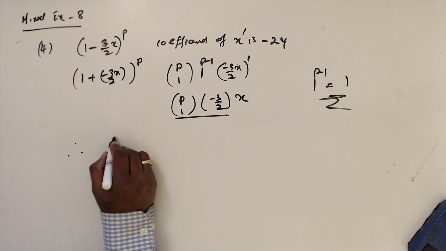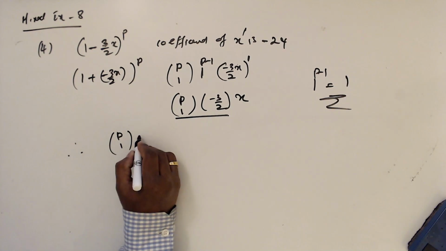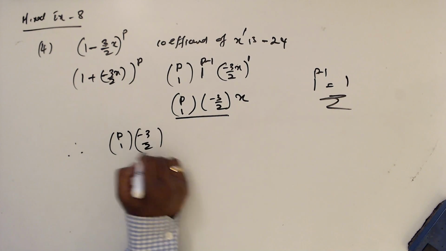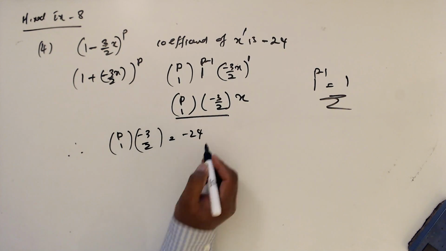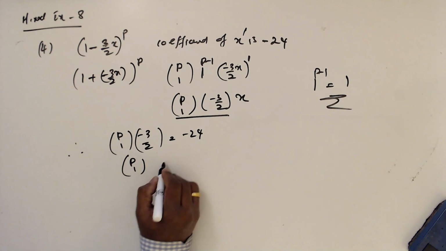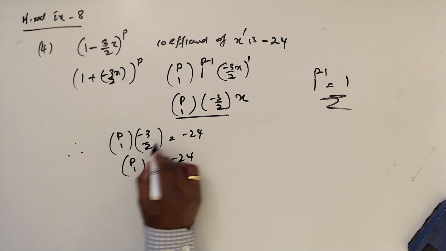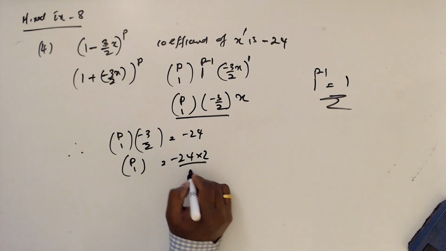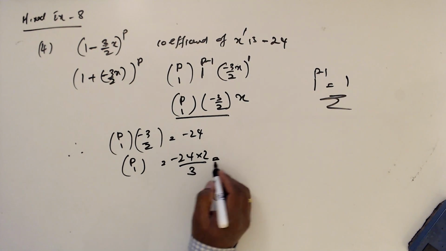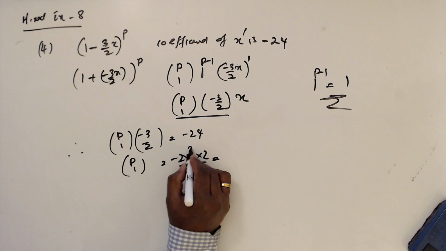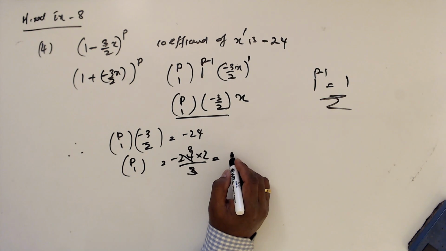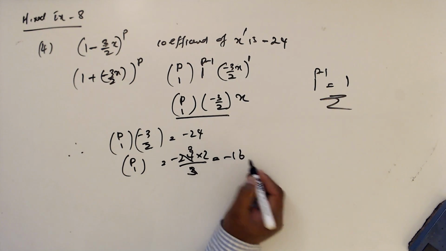Now the equation is p choose 1 times minus 3 over 2 is minus 24. So p choose 1 equals minus 24. I multiply by 2 and divide by 3. So minus 16.